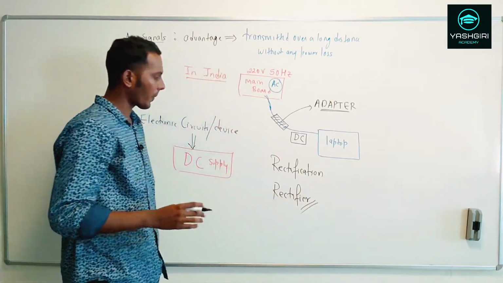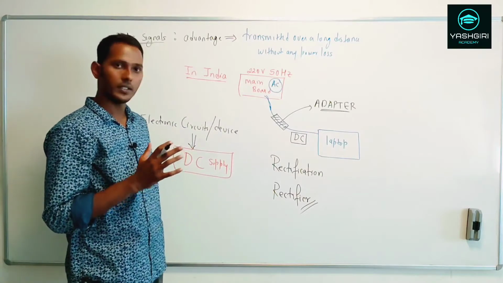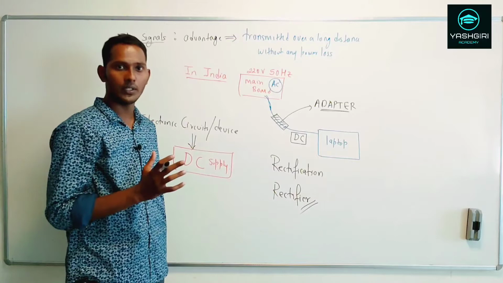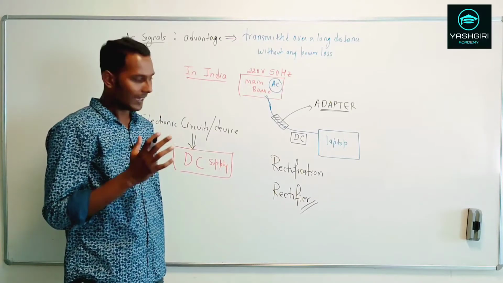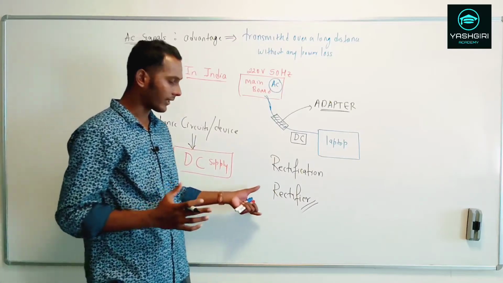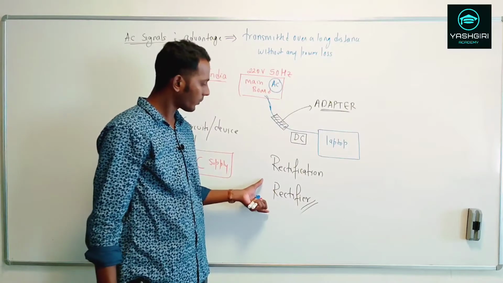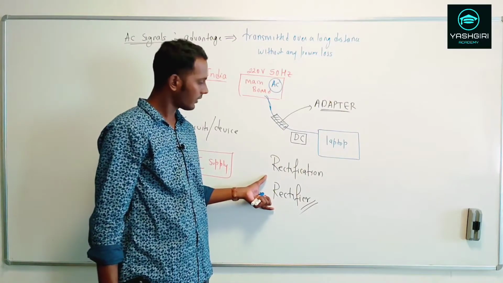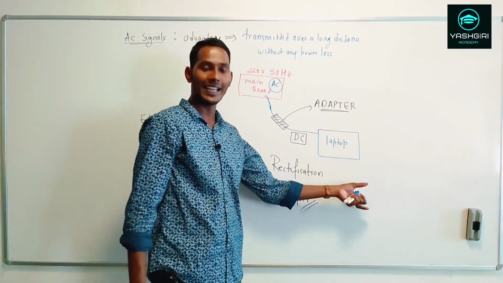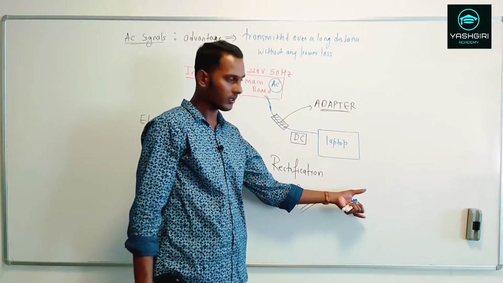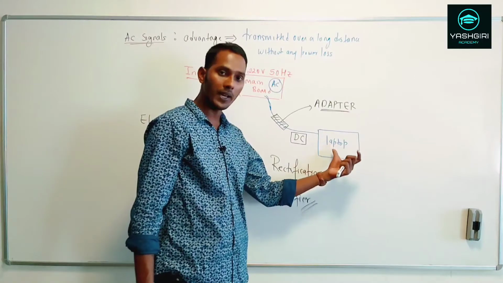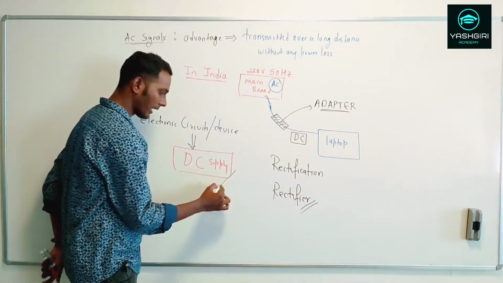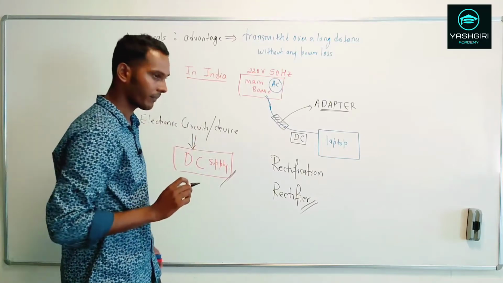So our job is to use the unidirectional property of a diode and construct a rectifier circuit so that whatever output comes from this rectifier circuit can be used to run any electronic devices. The electronic devices are made in such a manner that they operate only on a DC supply and not on an AC supply.